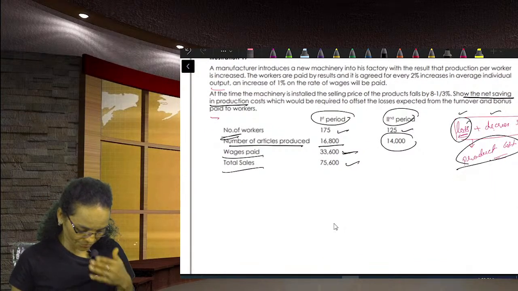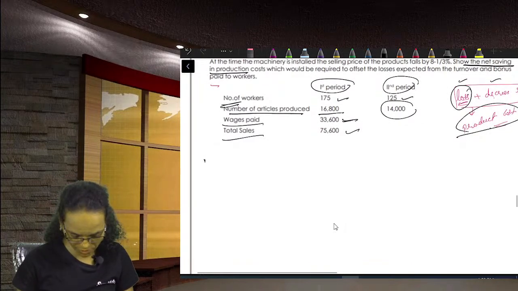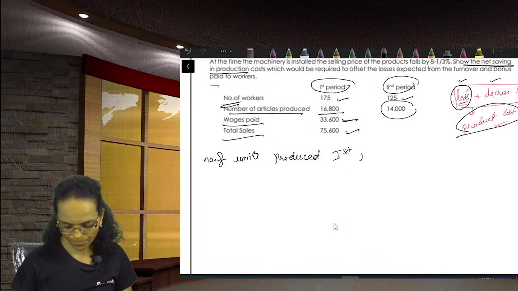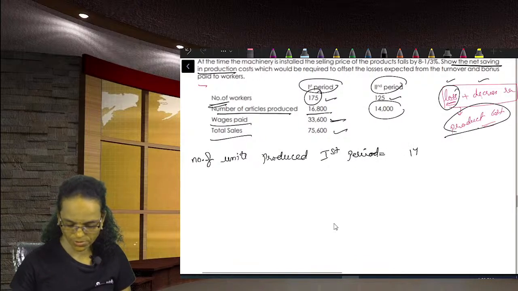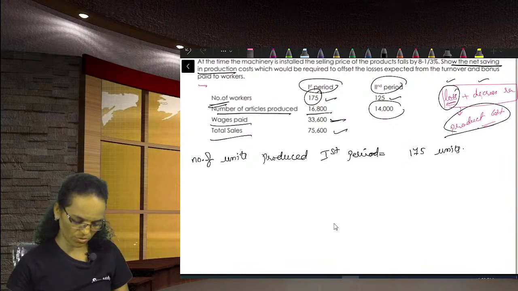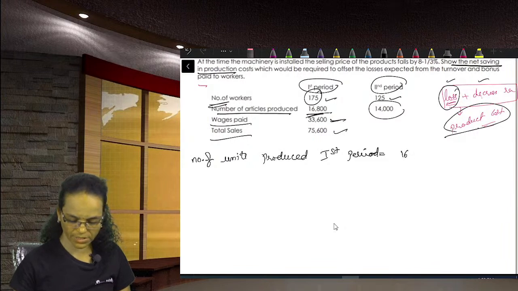Number of units produced during the first period: 16,800 units produced.